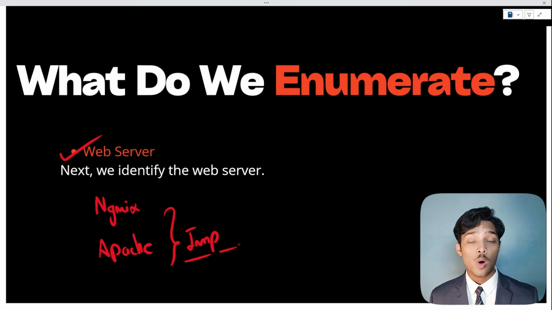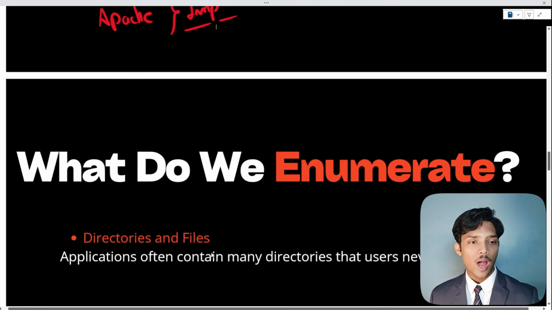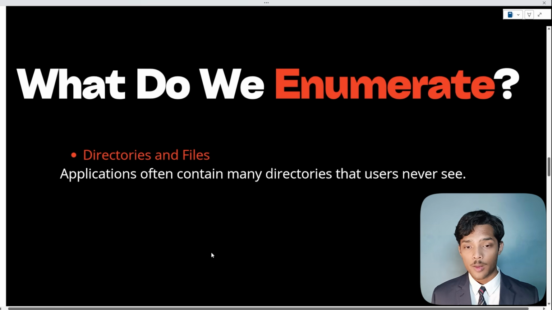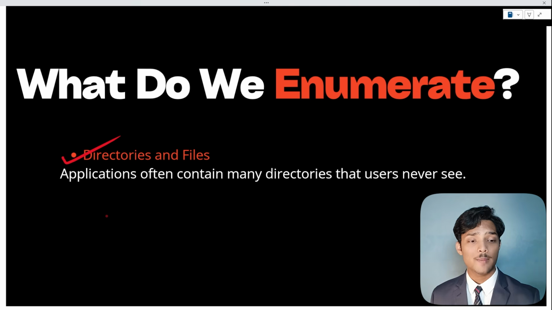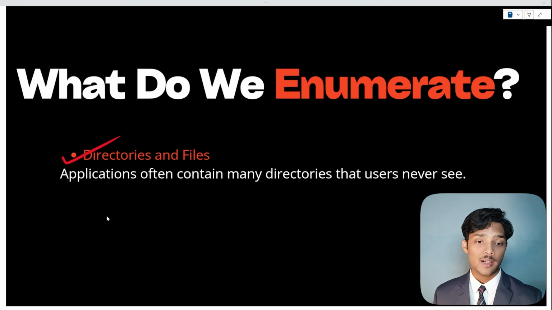Because sometimes versions are exposed, and if we know what web server they are using, we might even know potential weaknesses. Next up, we have to enumerate directories and files. Applications often contain many directories that we users never see. And what are these directories actually?